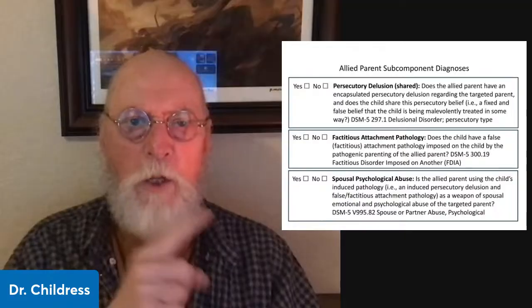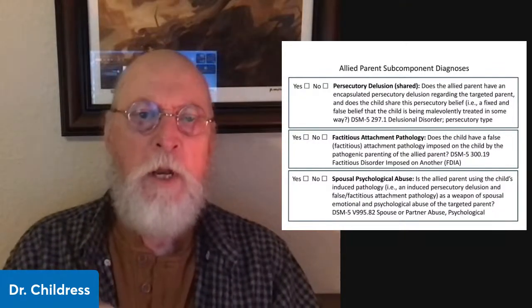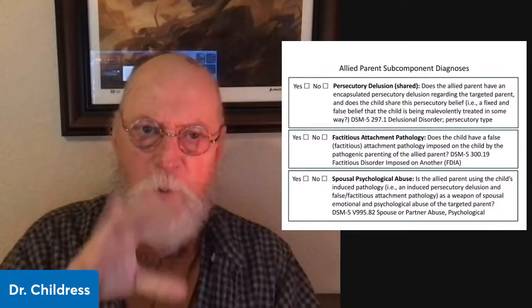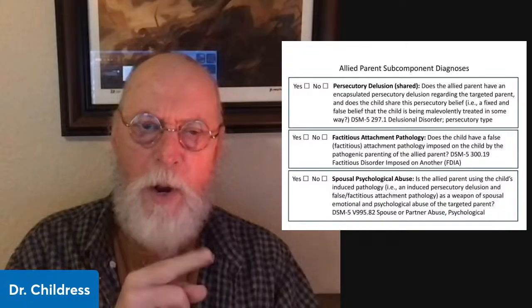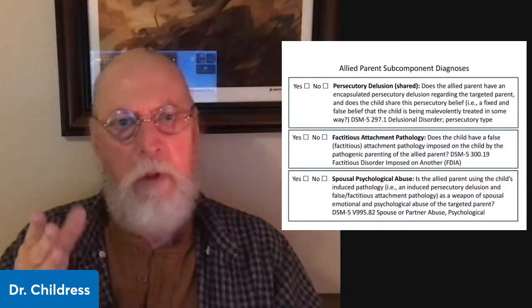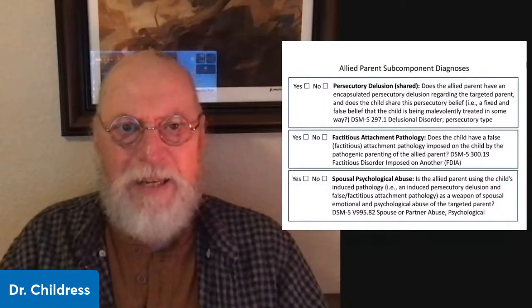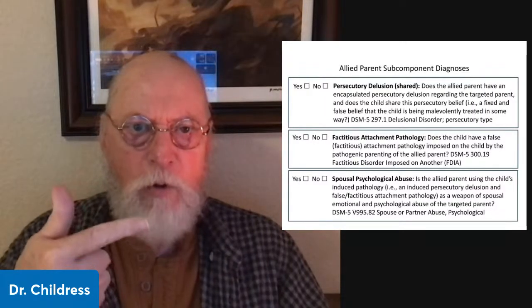So that's what you want answered. So ask the court to get an assessment from a forensic evaluator who works in the family courts, answering these questions. And if your attorney works for you, you need a zealous advocate. This is child abuse of your child and spousal abuse of you.